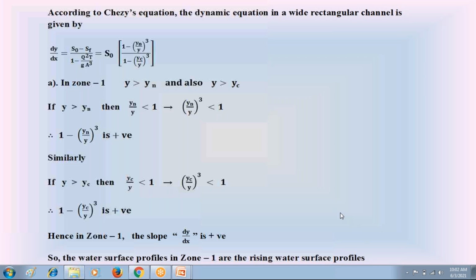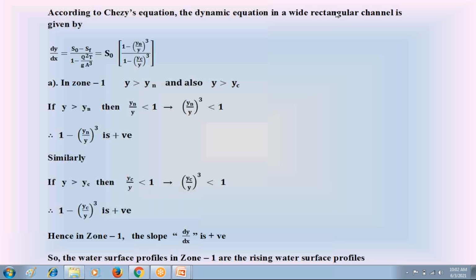Dear students, if anybody has doubts about this slope dy by dx in zone 1, where y is greater than yn and also y is greater than yc, please discuss with me. In that slide, I explained in detail the slope dy by dx in zone 1.